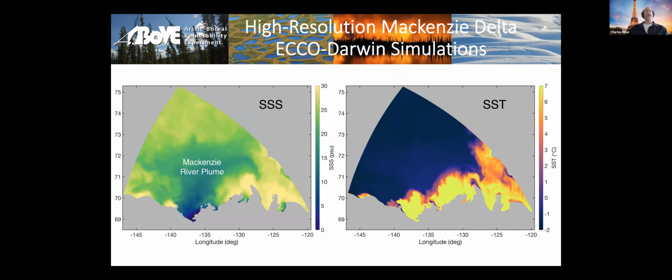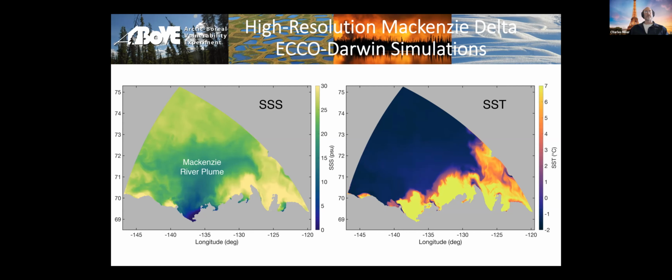And I just wanted to give a teaser on an IDS project that we have that's using ECCO-Darwin. We've developed not only the full Arctic Ocean, but we've got high resolution, so 1 kilometer simulations for the Mackenzie Delta area. And so here's what the plume looks like in terms of sea surface salinity on the left-hand side or sea surface temperature on the right.